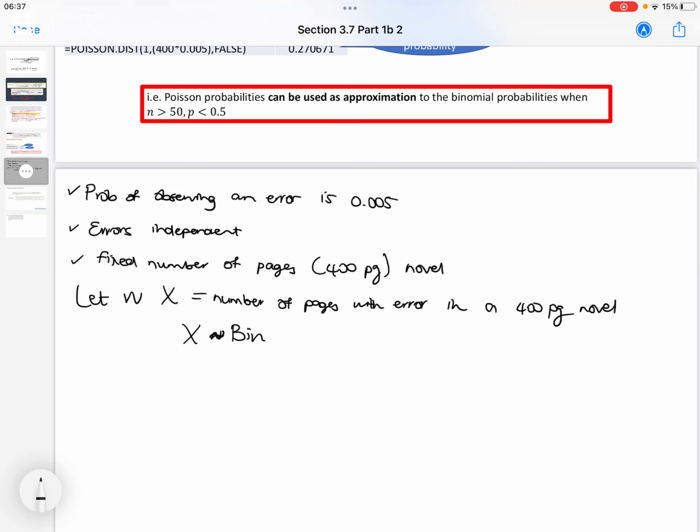The tilde symbol means distributed as, or follows the binomial distribution with parameters n and p, where n is equal to 400 and p is equal to 0.005.